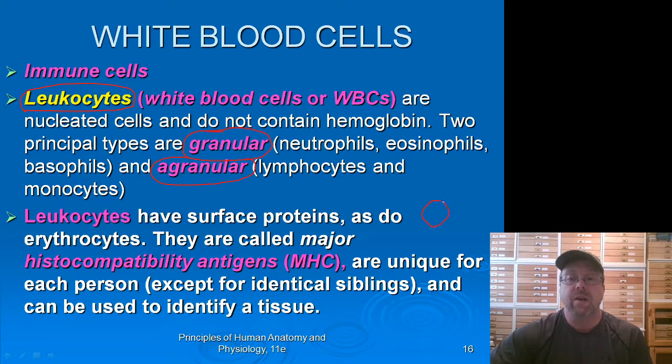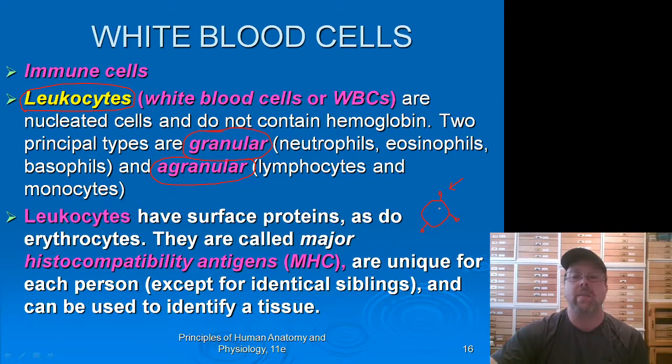So if I have a cell here and I have a surface antigen that can be recognized by the body, all right? And so this is how the body tells itself from a foreign invader like the coronavirus, because the coronavirus isn't going to have the same histocompatibility antigens as our own cells do. So our immune system can recognize that and then attack that foreign invader.